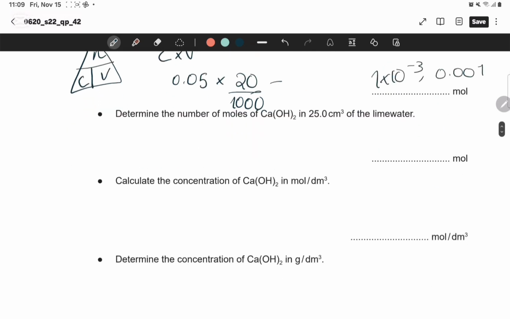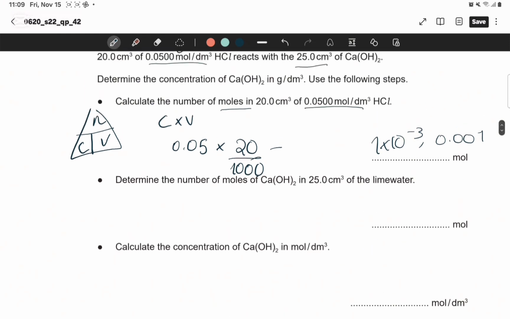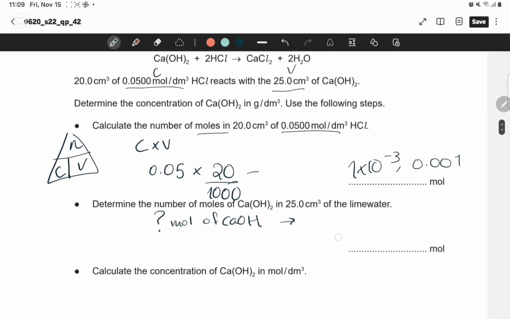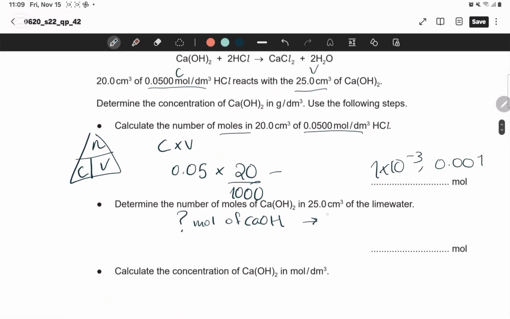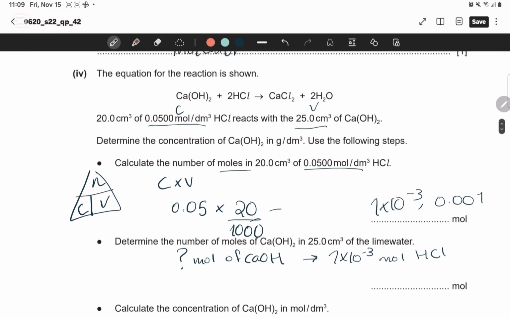Determine the number of moles of Ca(OH)2 in 25 centimeters cubed of lime water. So we're going to use stoichiometry. x moles of Ca(OH)2 react with 1 times 10 to the power of -3 moles of HCl, and then we write the coefficients of these substances in the chemical reaction.